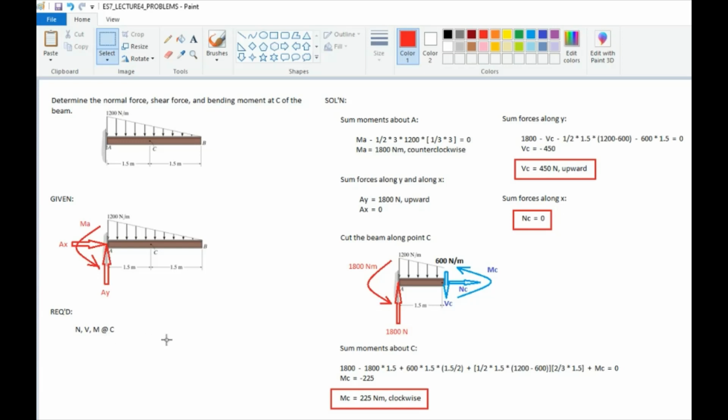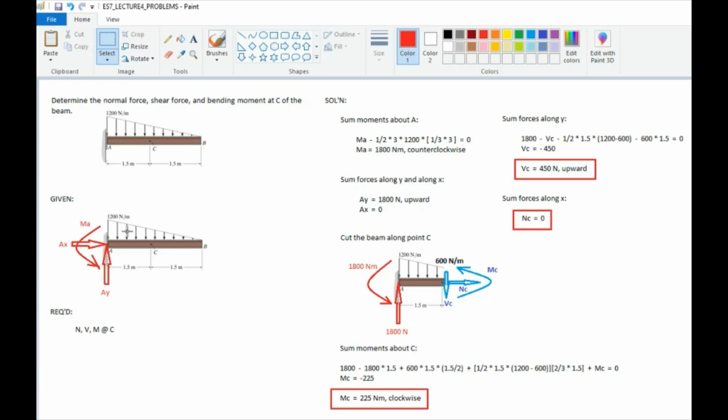Okay, so, to solve, we sum moments about A. Okay, so when you sum moments here, AX and AY will cancel. You no longer need to solve for them. You'd be left with MA as your unknown. So, MA, I set it as counterclockwise in direction, so it's positive.